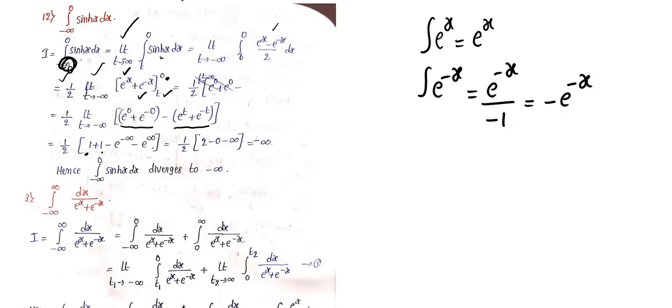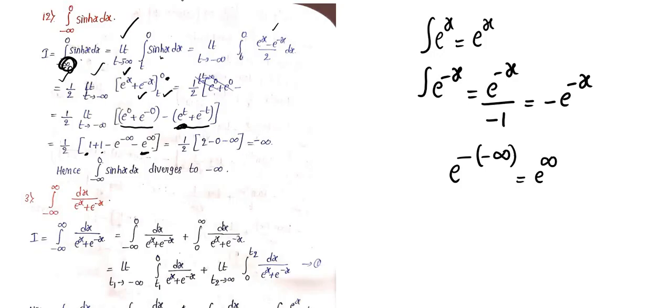Next, I am substituting t tends to minus infinity in this term. So t is replaced with minus infinity: e power minus infinity, and minus into plus is minus, e power minus of minus infinity, that is e power infinity.